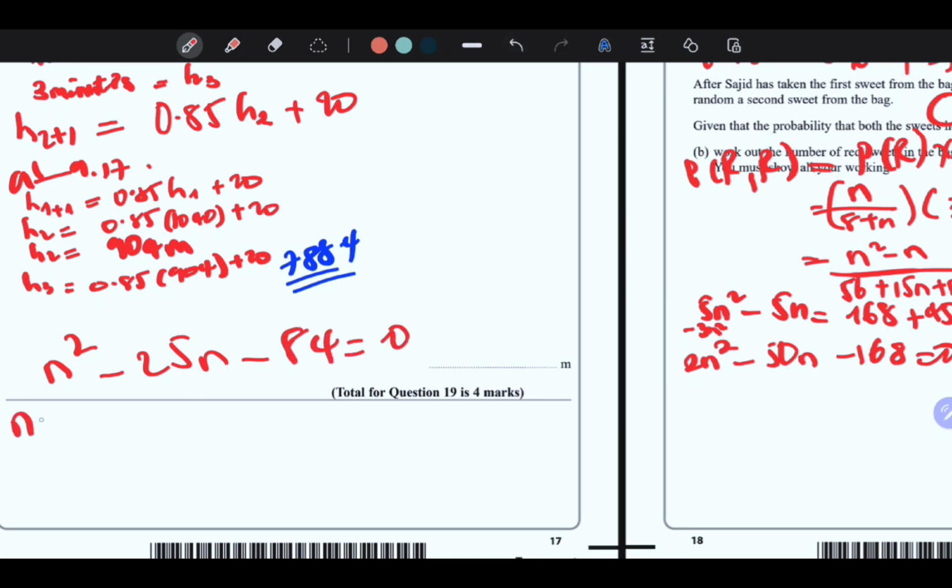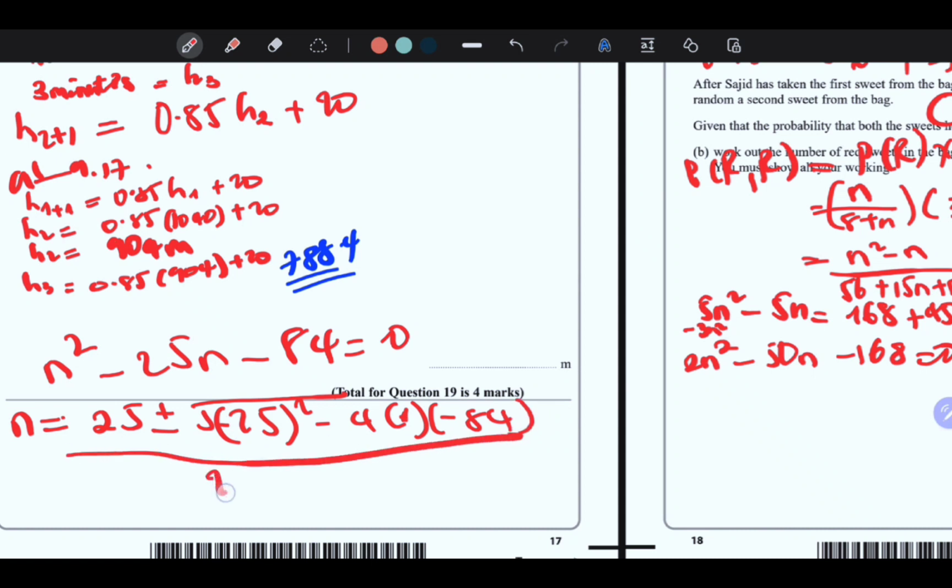Using the quadratic formula, n will be negative b, which is negative of negative 25, so that's positive 25, plus or minus the square root of negative 25 squared minus 4ac, over 2a. Using your calculators, you should have 25 plus or minus square root of 31 over 2.